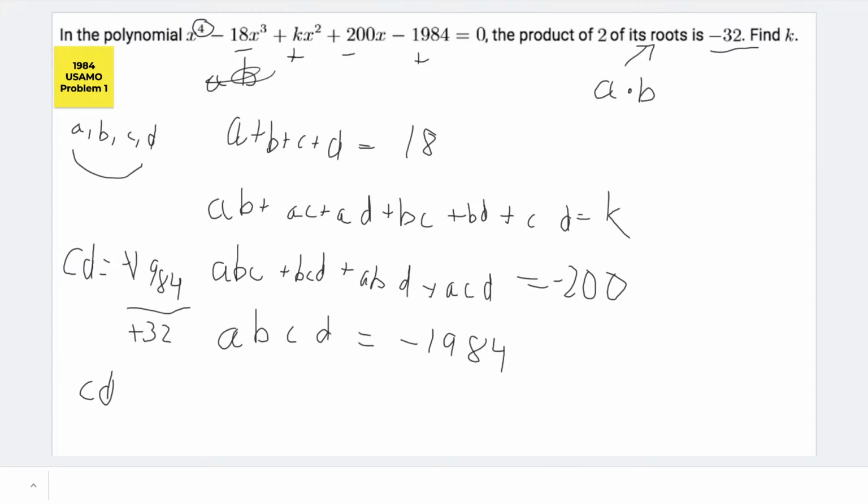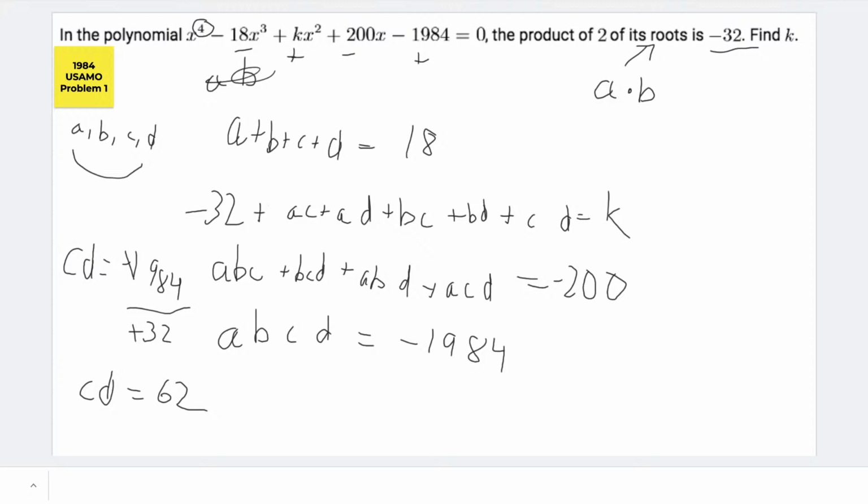And now the equation at the top, let's see if we can use these terms that we have to make our equation look a little neater. If ab equals negative 32, we have an ab term here. So let me erase this and write negative 32 here. Okay, negative 32 plus ac plus ad plus bc plus bd plus cd, we have cd.